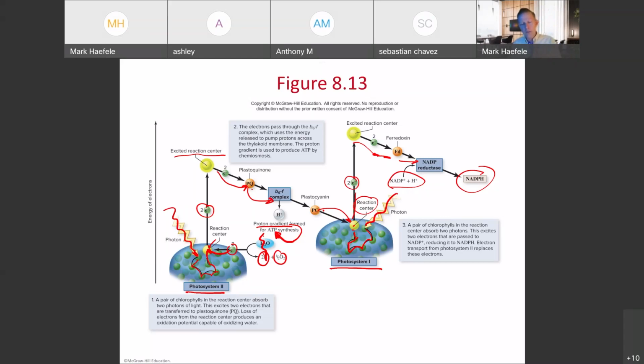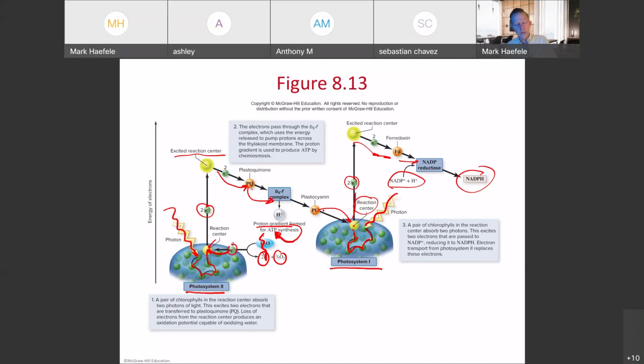The electrons of photosystem I end up in NADPH, but ultimately what kicks it all off, the ultimate source of electrons, is water. So the electrons in water get taken into photosystem II's reaction center, which gets excited, jumps up, goes through the electron transport chain, and then is used to backfill the photosystem I loss of electrons when plastocyanin gives that electron to the reaction center for photosystem I. Then they get excited and jump up, and those electrons get delivered to NADP plus to become NADPH.